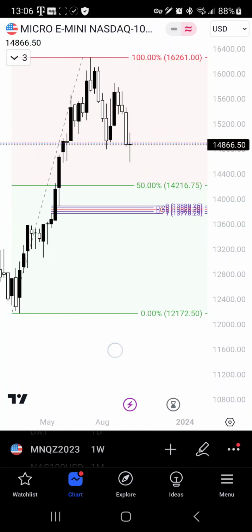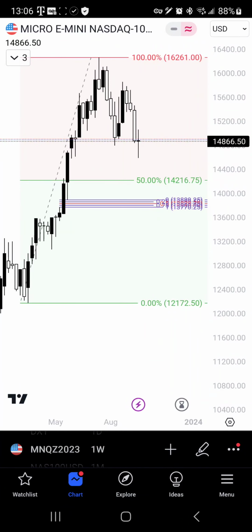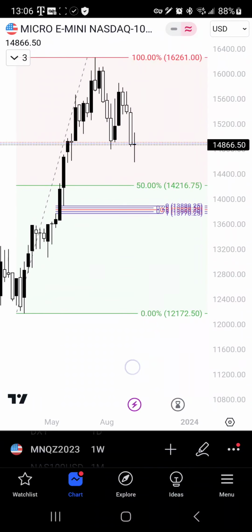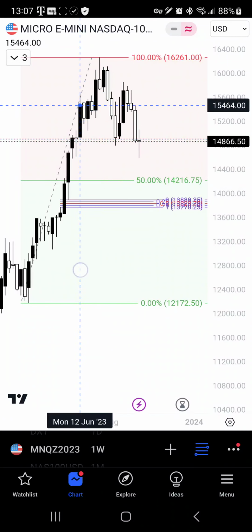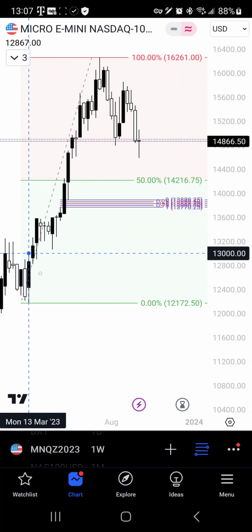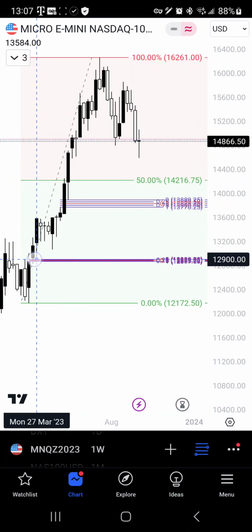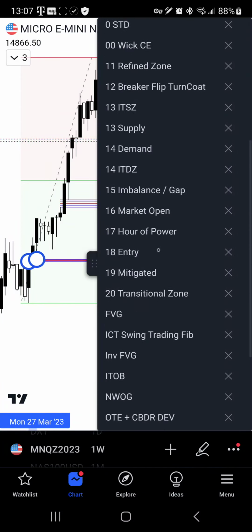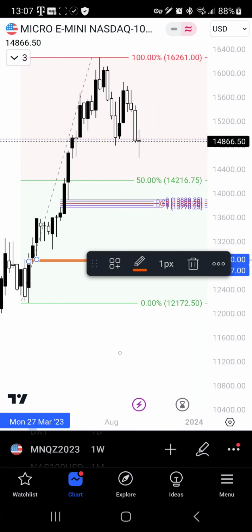Okay, what else is in discount? I see a volume imbalance that has not been mitigated yet. Okay, so I want to mark that out, lock that, throw that to the back.